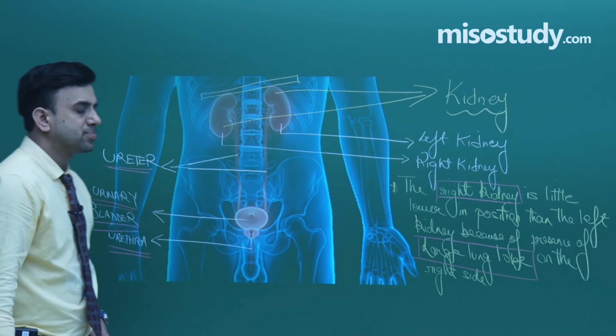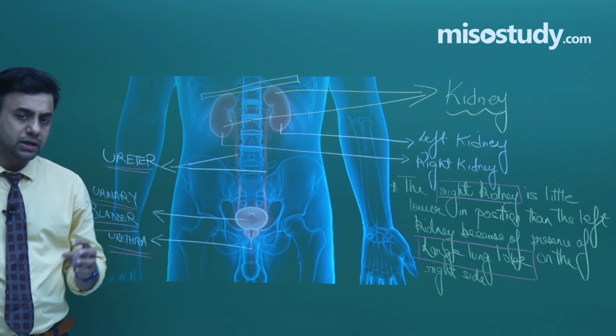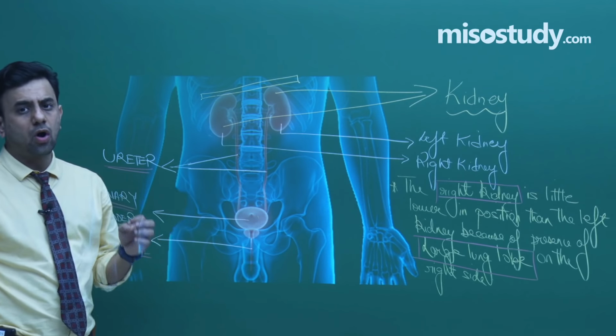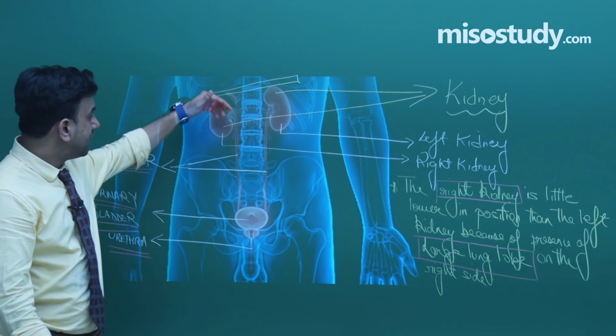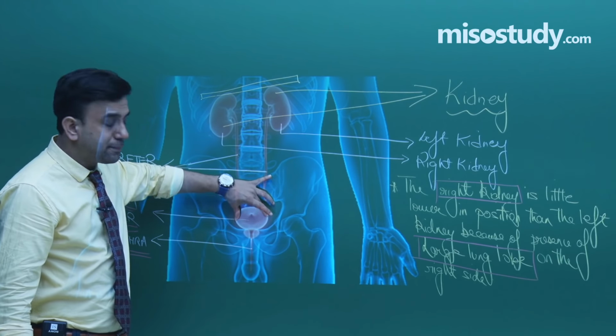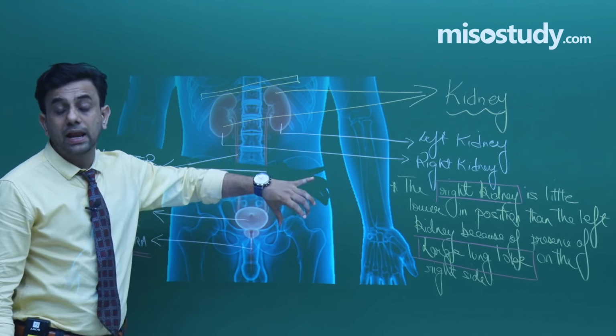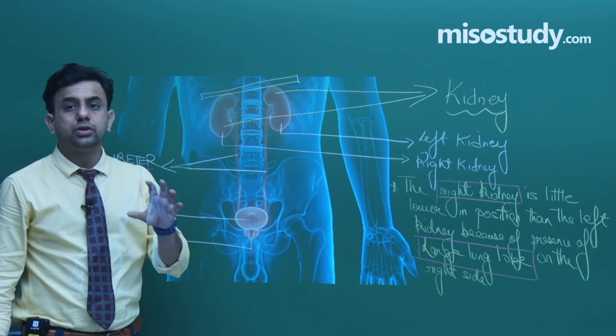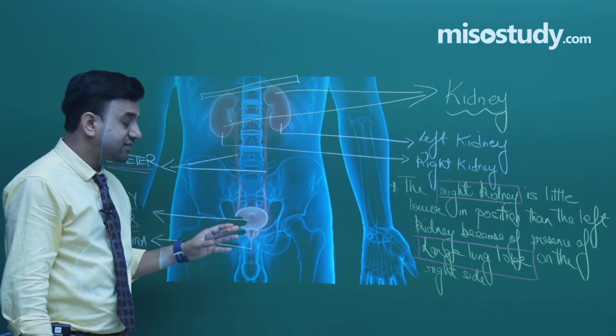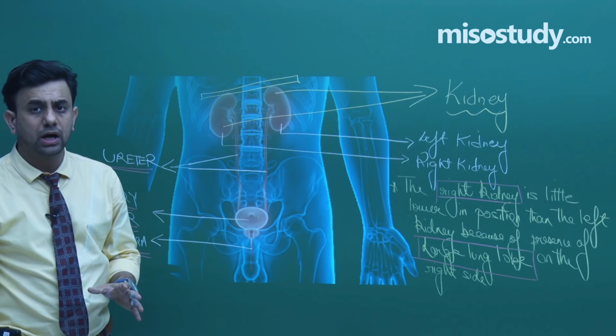So over here we understand that the basic function of the kidney is formation of urine. The urine formed is drained by these two pipes, the ureters, and temporarily stored in the urinary bladder, and after it has accumulated to a certain volume, it is expelled out of the urethra.